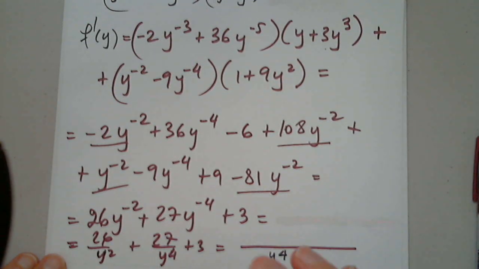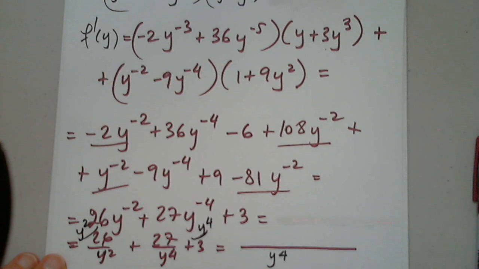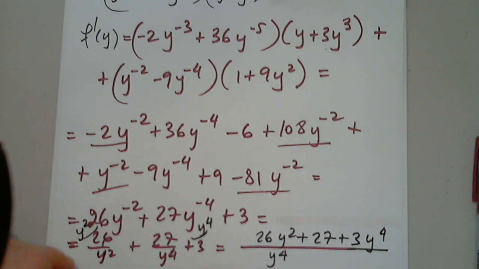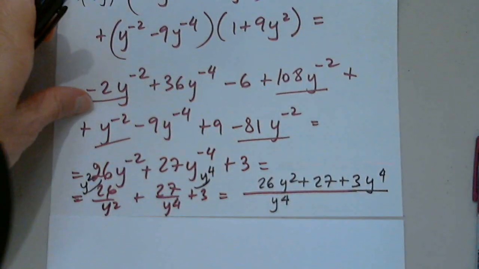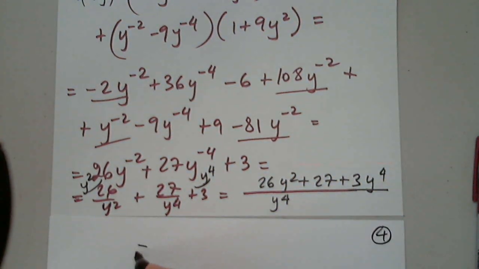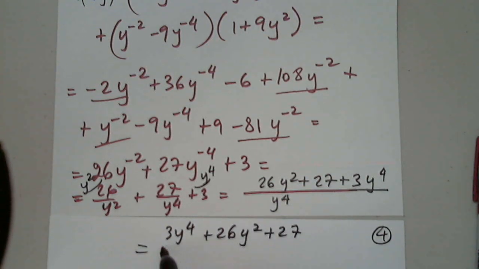So this is the smallest quantity that can be divided by these. This one needs a y squared, this one doesn't need anything, but this one needs a y to the fourth. So it's 26y squared plus 27 and plus 3y to the fourth. And I will rearrange the numerator correctly. So I will write 3y to the fourth plus 26y squared plus 27, everything divided by y to the fourth.